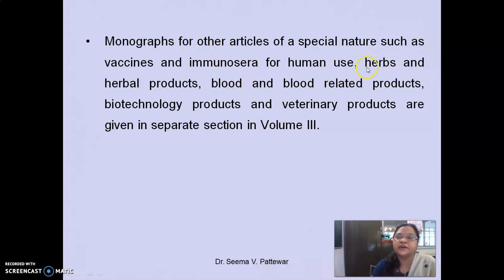All these, that is vaccines and immunosera, all these terms we will see in the last chapter of this Sutix 1. Herb and herbal product, that is the drugs which are obtained from plant origin, blood and blood related products, and the biotechnological products, that's antibiotics etc., and the veterinary products are included in volume 3.